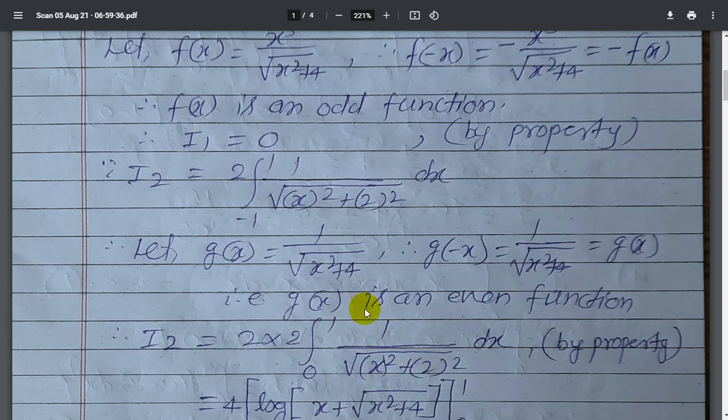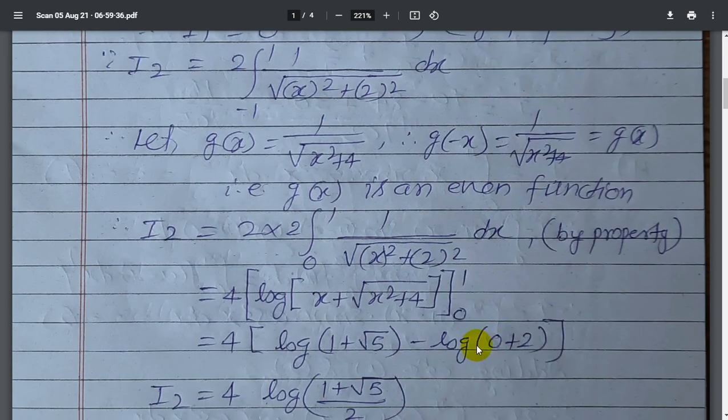So you know very well, if a function is even, then the integral becomes twice and the limit becomes 0 to upper limit. So 0 to 1, it is 2 already here, so this 2 will be same into twice of integral 0 to 1. This is by property, for the even function property, 1 upon square root of x square plus 2 square into dx.